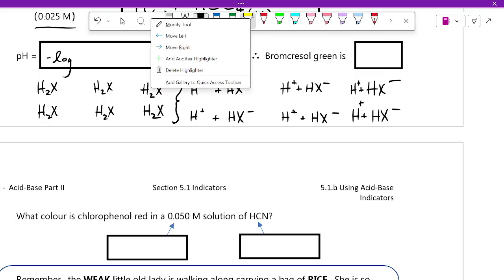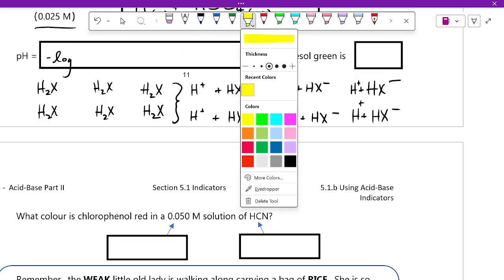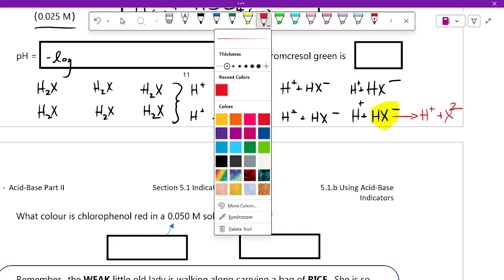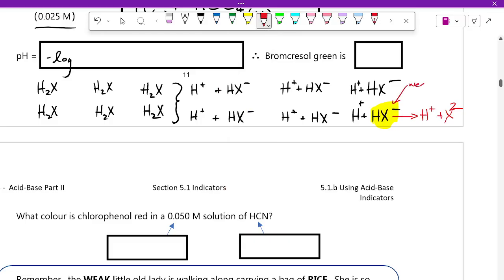And only maybe one of these is going to further dissociate into H plus and X 2 minus, because that one is a weak acid. I've only drawn 6, but in actuality, maybe only 1 in 1,000 undergo the second one.